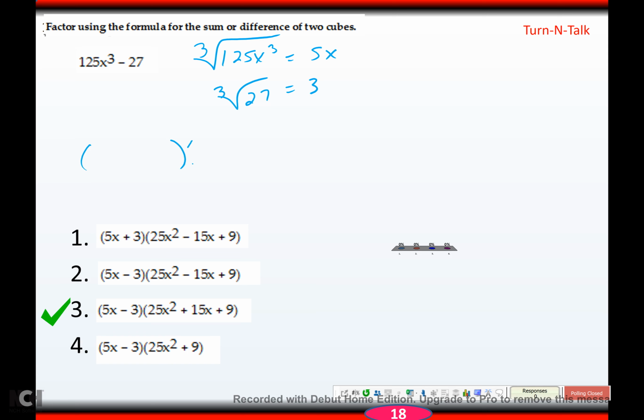So binomial, trinomial, minus, plus, plus. My two terms are 5x and 3. 5x squares himself and goes in as 25x squared. 3 squares itself and goes in as 9. These two multiply together and go in as 15x.